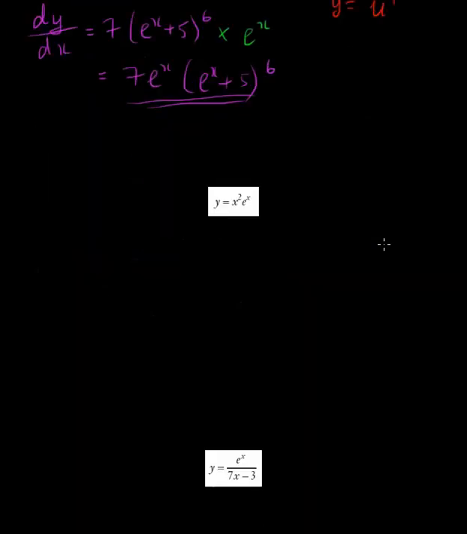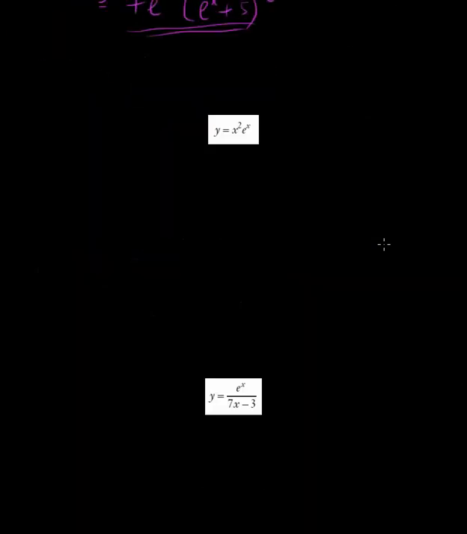So let's do the product rule here. Once again, we have 2 parts: this part, x squared, and this part, e^x. Let's call the x squared u, and let's call the e^x v.